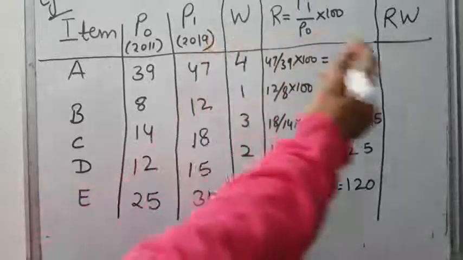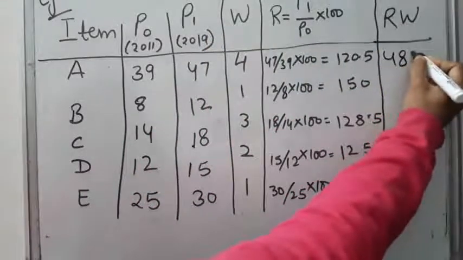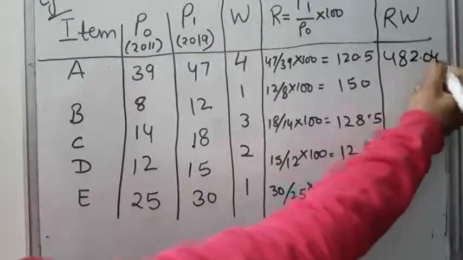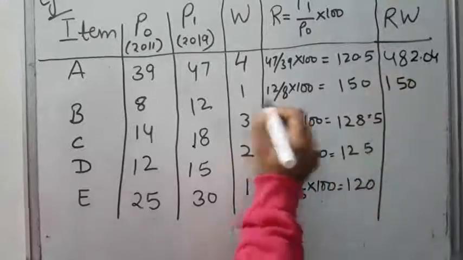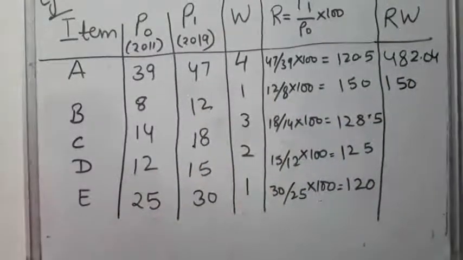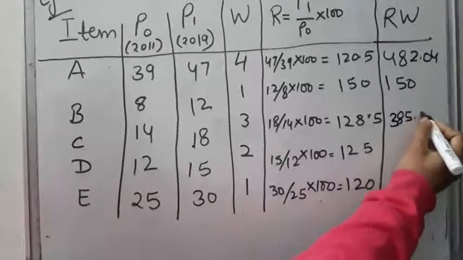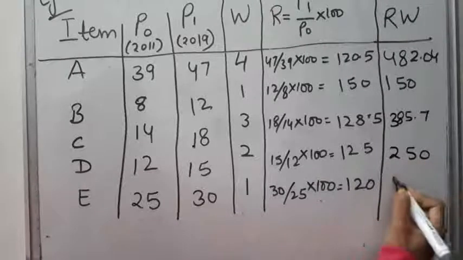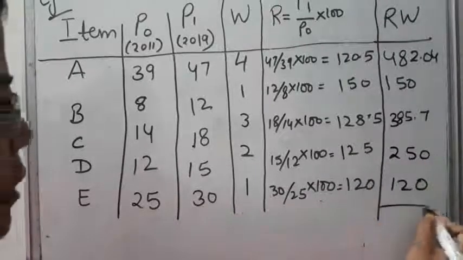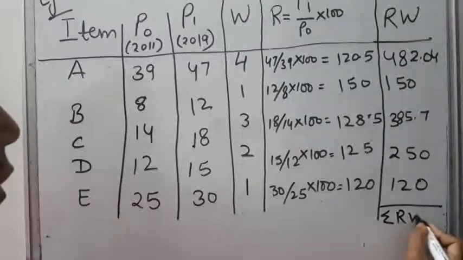So when we calculate it we will find the multiplication values: W multiplied by R, 385.7, 250 and 120. Now we will get the summation of RW.